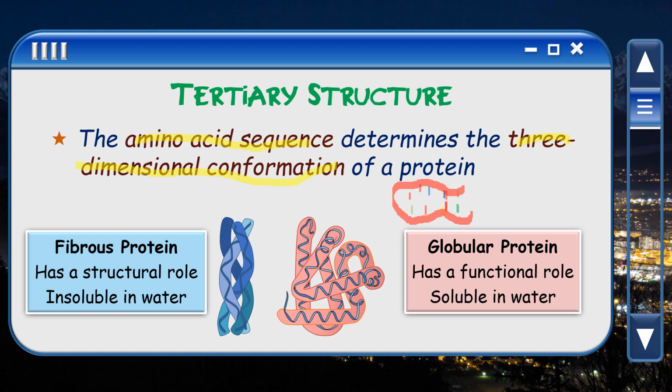But where you find that they are repelling each other, there is going to be a gap between the two polypeptides. So that's what we are saying, that the amino acid sequence, how these amino acids have been arranged, is going to determine the three-dimensional conformation, how they are arranging themselves in the protein. It will be determined by the sequence in which the amino acids were arranged.